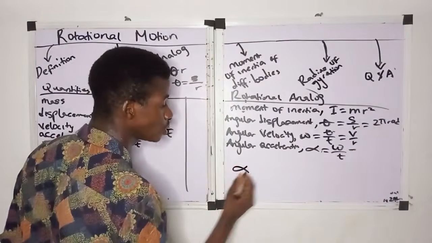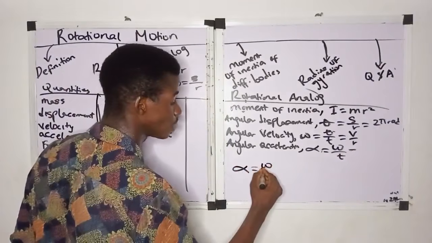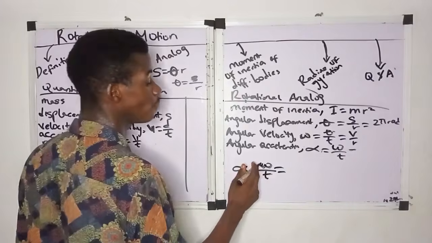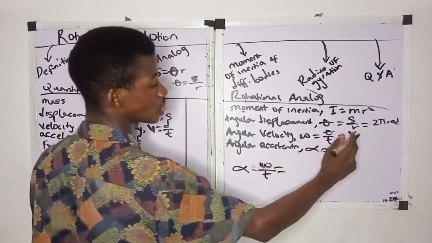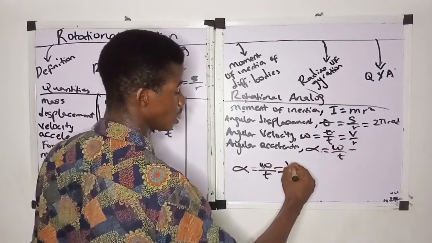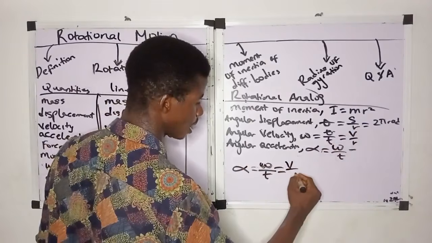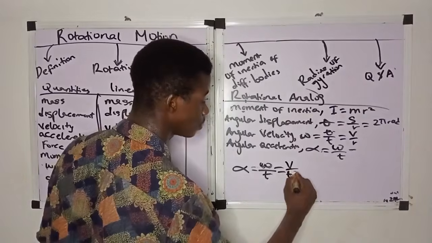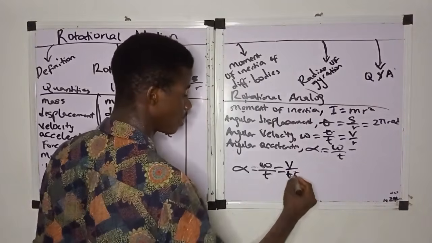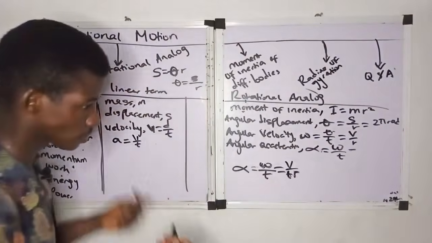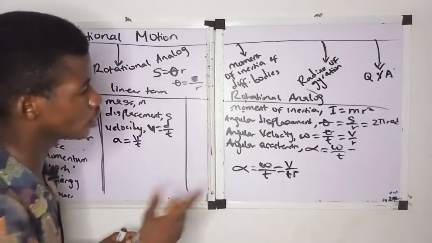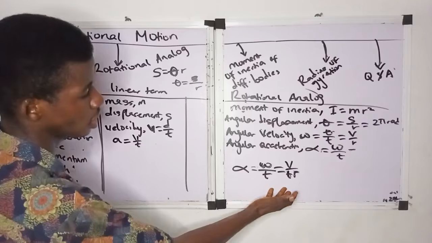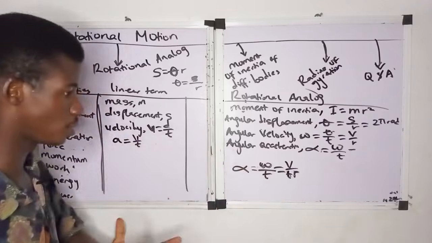Now, angular acceleration will be angular velocity over time, right? Don't forget that angular velocity is v over r, right?